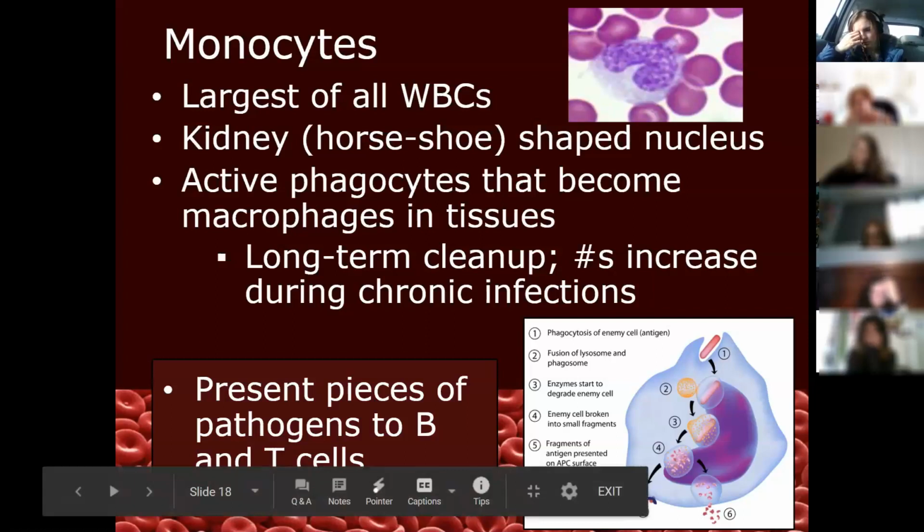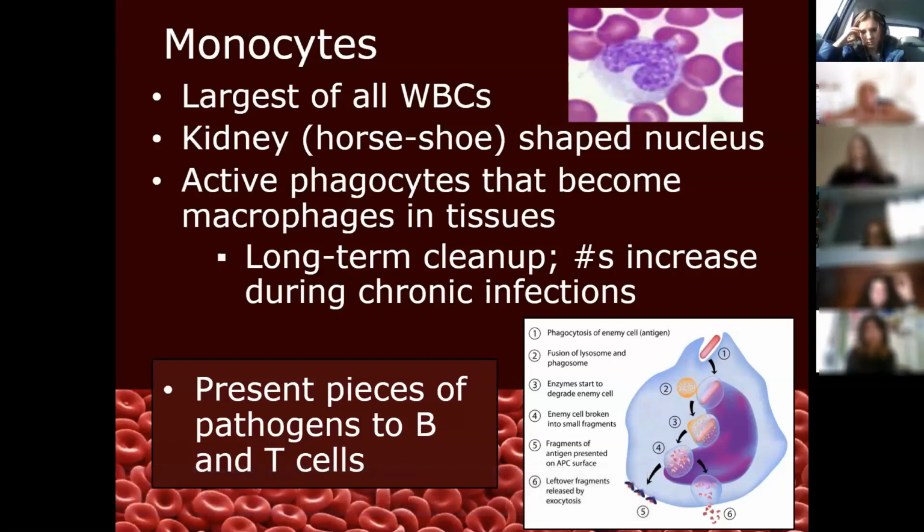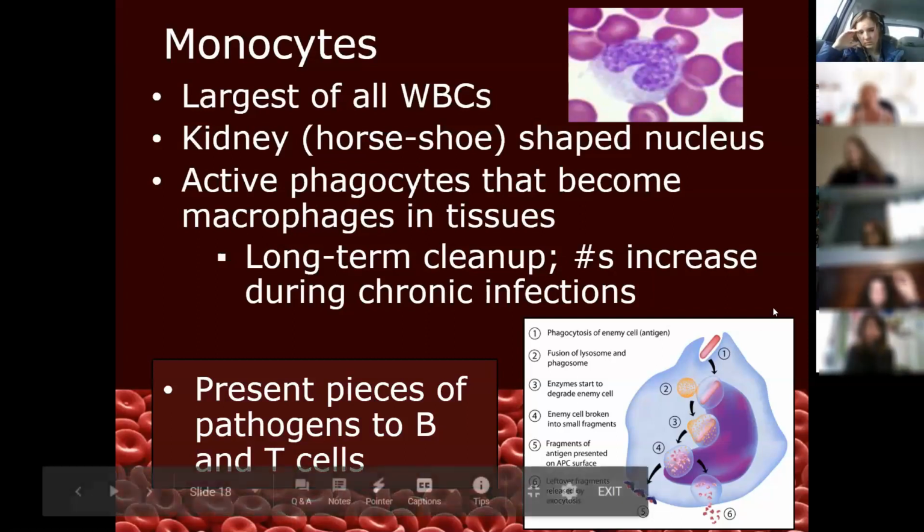Then little pieces get stuck to the outside of the cell. And then they show the outside. They're like, look at this protein that's in here. It doesn't belong. And they show it to the B cells and the T cells. The B cells will make antibodies to fight against it. The T cells will destroy the tissue that's infected. That's all part of chapter 12. Okay, so monocytes, they're the biggest, and they're in long-term infections.